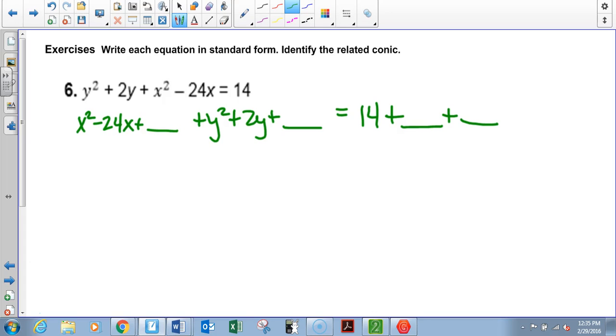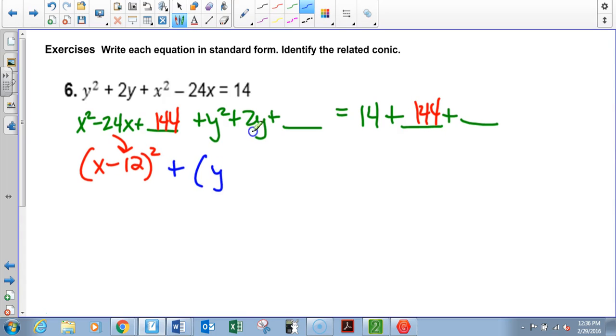So I'm thinking it's what shape? Circle. Probably a circle. Half of this, squared. Half of this, squared, and we get (y plus 1) squared plus (x minus 12) squared equals 159. Anybody else get that lovely number?